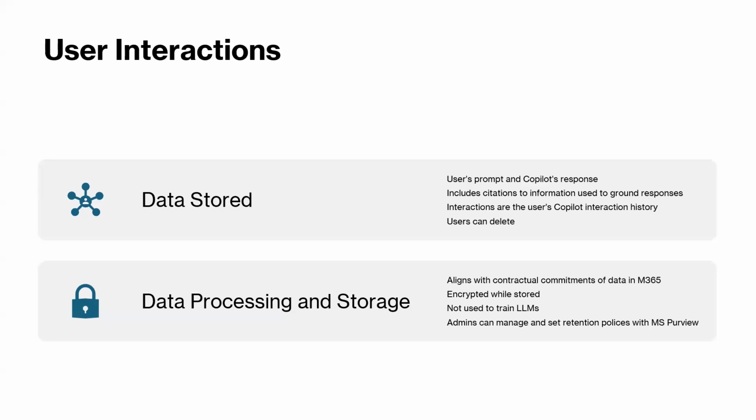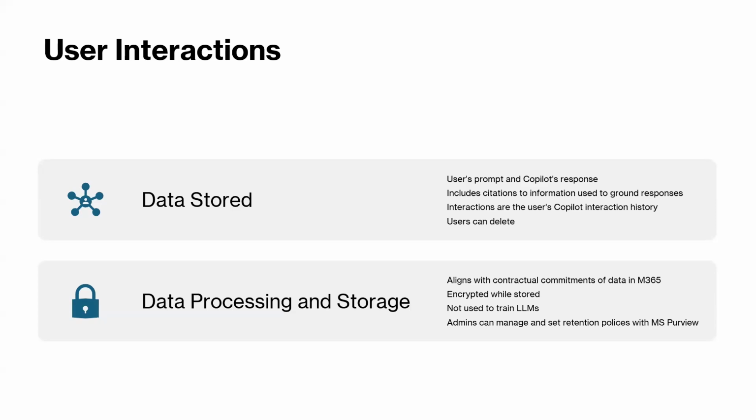As it pertains to how Microsoft processes and stores that data, that is all going to align with the same commitments that Microsoft has made for Microsoft 365. And I'm not talking about just marketing commitments they throw out on a web page. These are the actual contractual commitments that they have made to you as a customer. So the data is encrypted while it's stored.